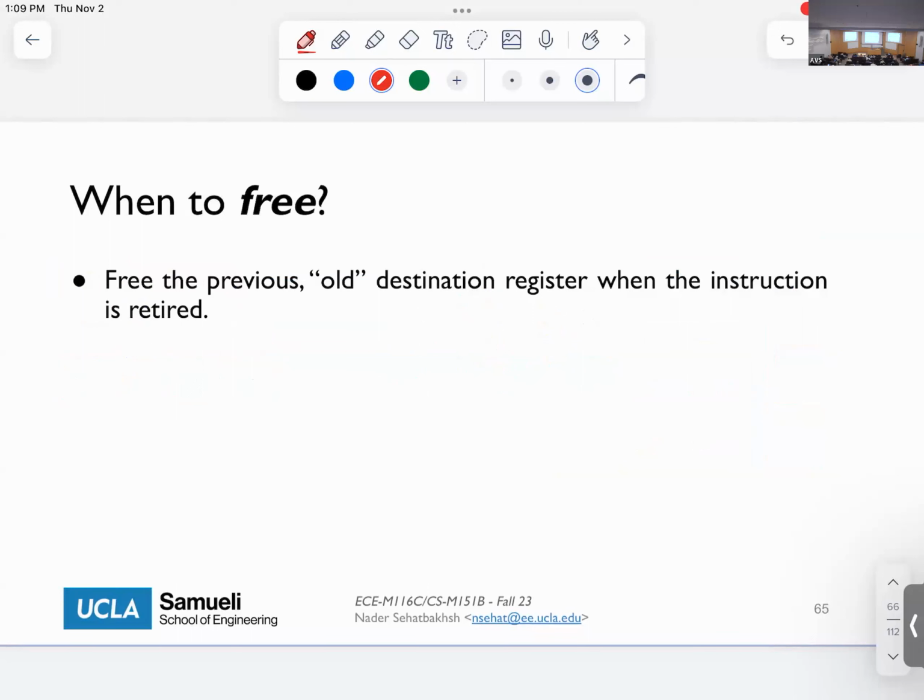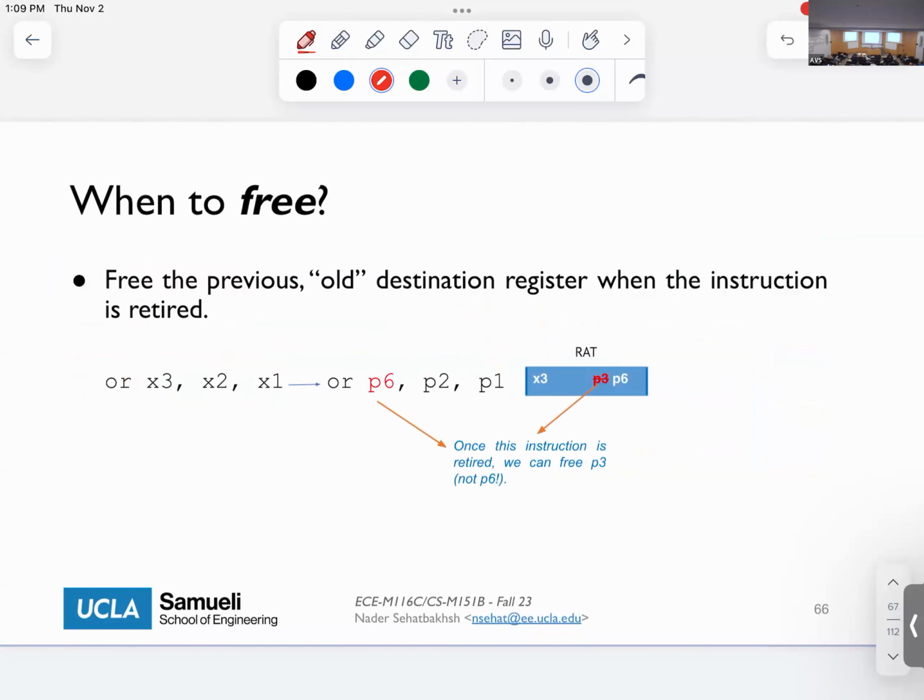Of course there is a question of when you free, and we essentially free when it's safe to let your old destination register go, okay? And when do you do that? When your instruction is basically retired. For example, if I have this OR instruction, X3, X2, X1, and this has been renamed to P1, P2, P6, and it used to be P3 here, and P6 is now the new one.